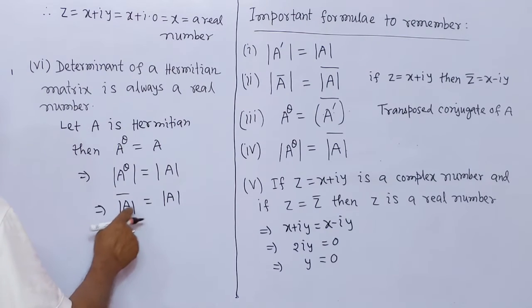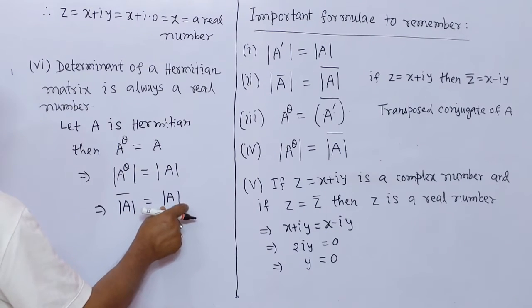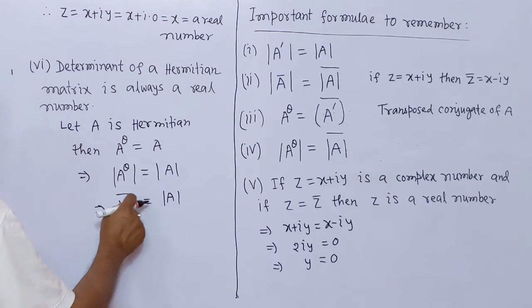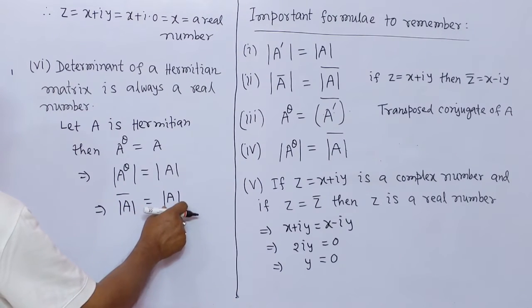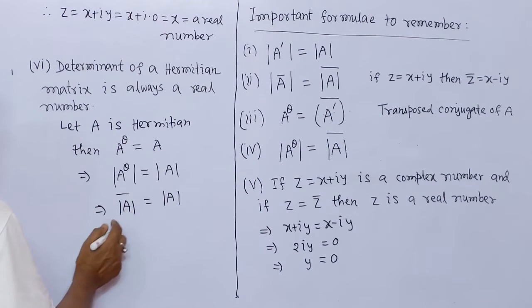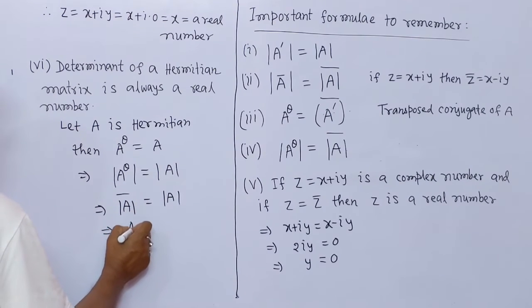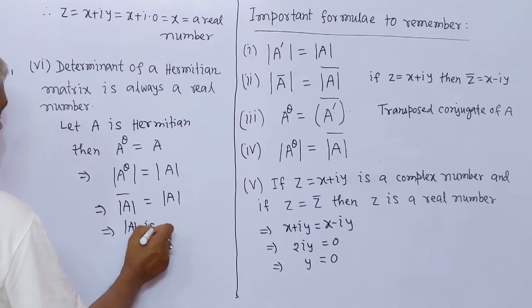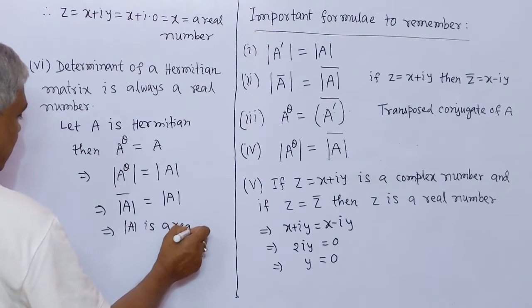Here determinant of A equals bar of determinant A. Determinant of A equals conjugate of determinant of A means determinant of A is a real number.